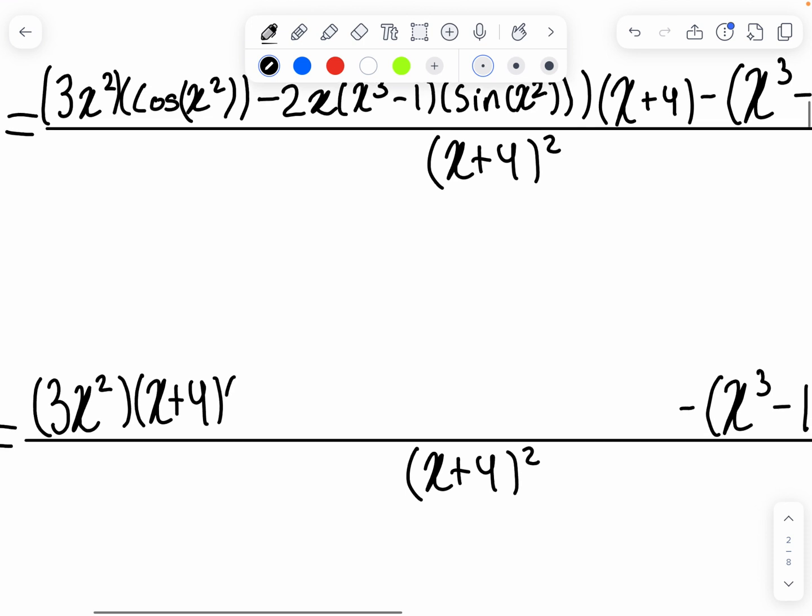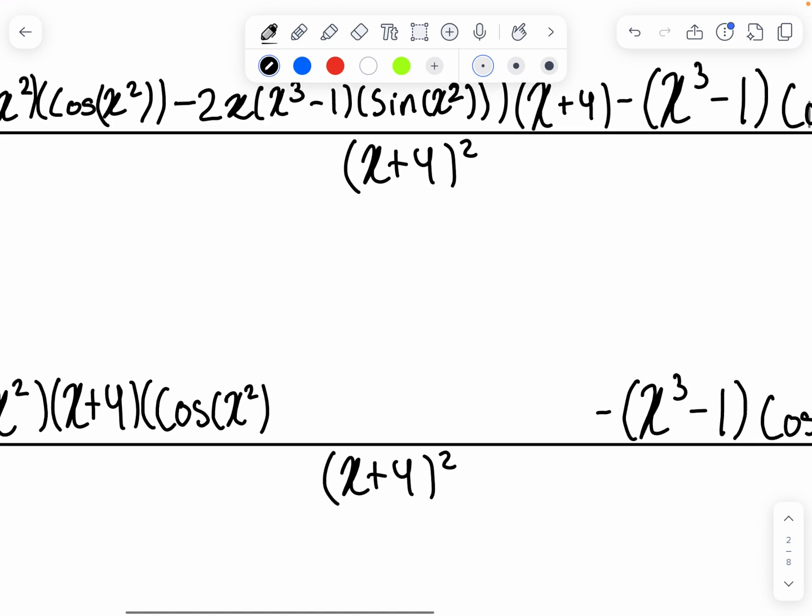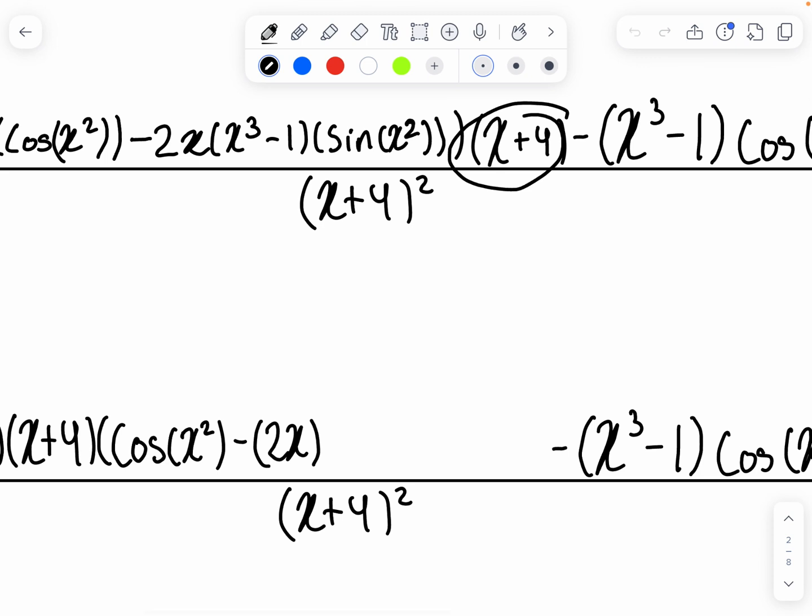And that's times cos of x squared. And now it's minus 2x multiplied by this term.